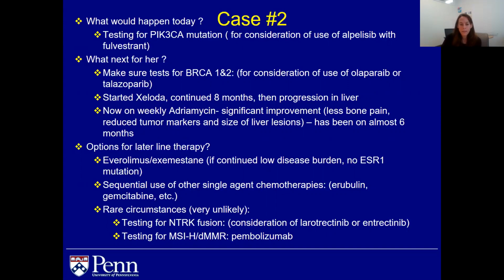And so in this particular patient, the Xeloda did work for 8 months, and then unfortunately she again experienced progression in her liver. And now we have her on weekly adriamycin.